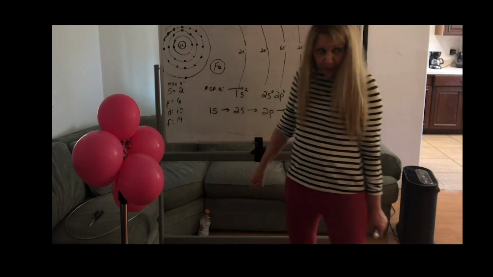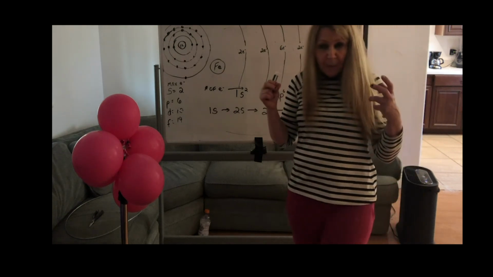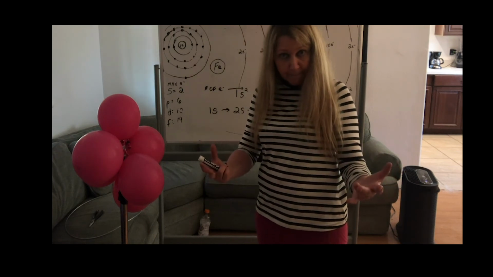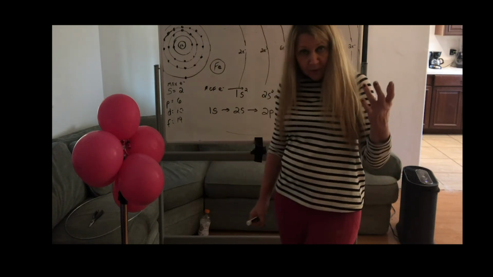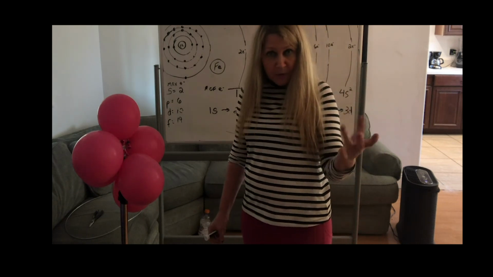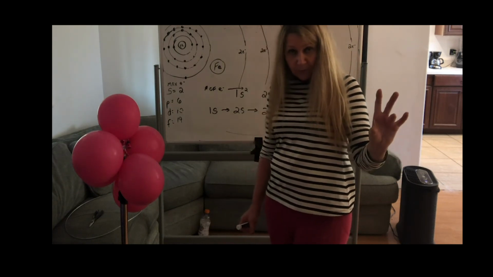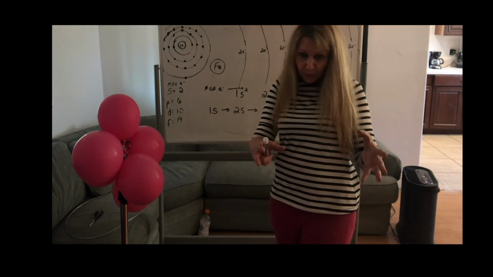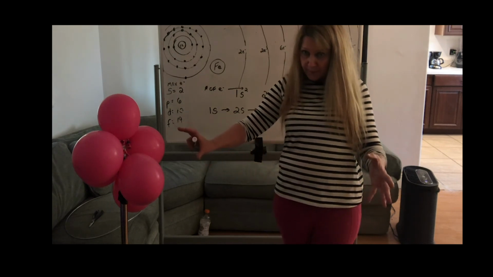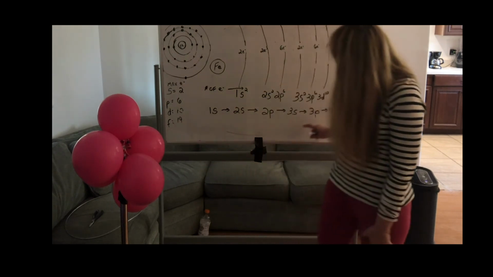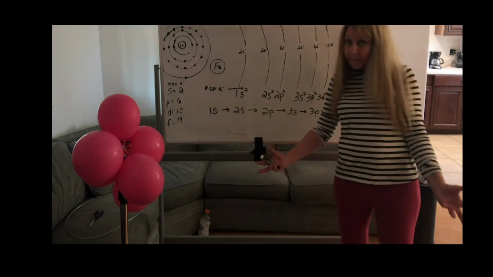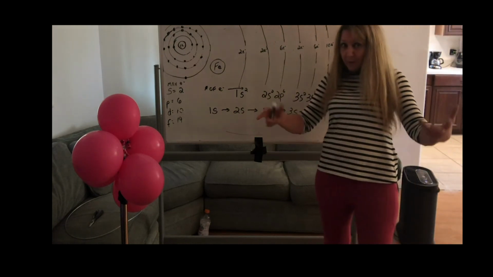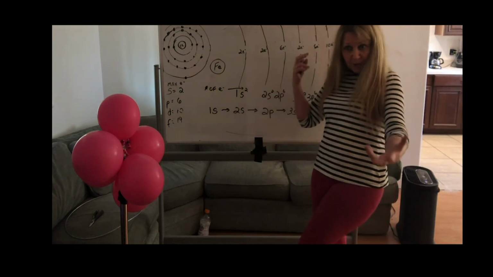If you think about it, 3d has a maximum capacity of 10 electrons. So it's like a row of 10 seats. And if you just have 1 or 2 electrons going in that sublevel, they're not going to feel very secure, just 1 or 2 in a whole row of 10 seats. Because the d sublevels are big. They hold 10 electrons. So there's a lot of empty space there. The atoms don't want that. Nature tends to go towards stability.